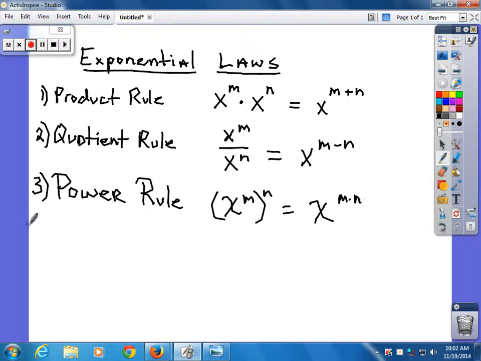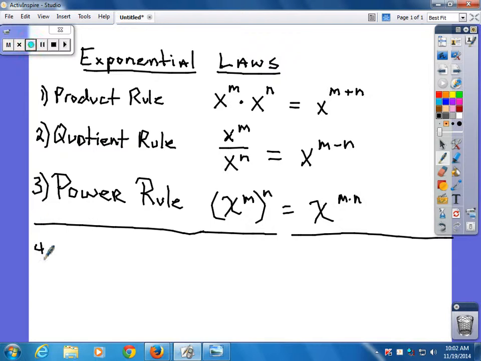Now, these rules right here above this line are basically to help you with the mathematics. The next 2 rules are to make it look better.